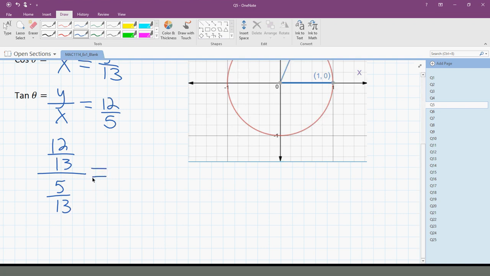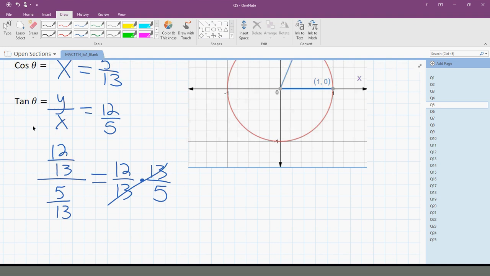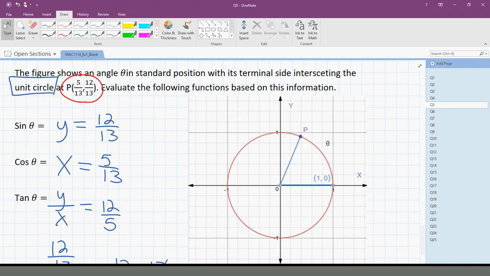We do that keep, change, flip. Oops, not 13, or 12 down there. Let's actually put the 13. Change the division to multiplication, flip the bottom guy. And when you cross off those guys, it leaves you the 12 over the 5, which you came up with. Perfect. Right on, right on, right on.